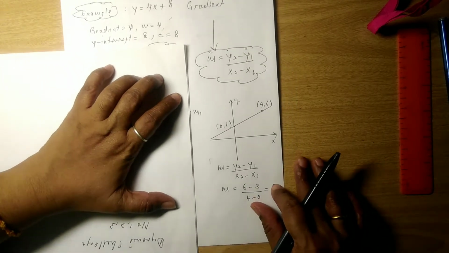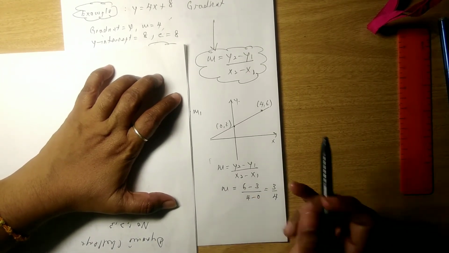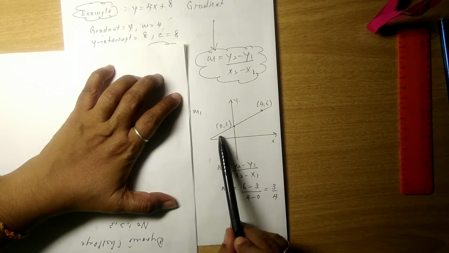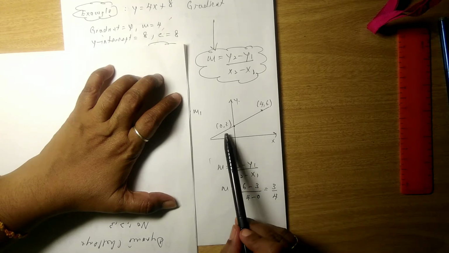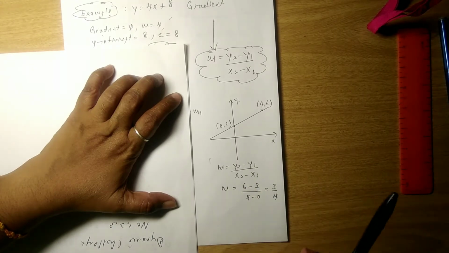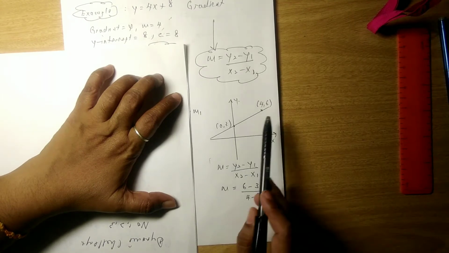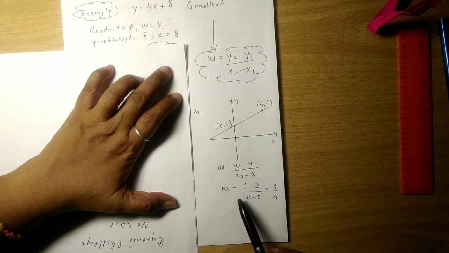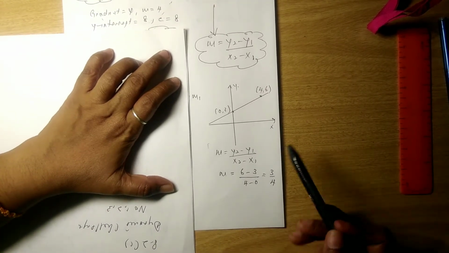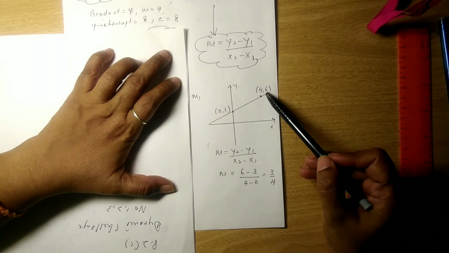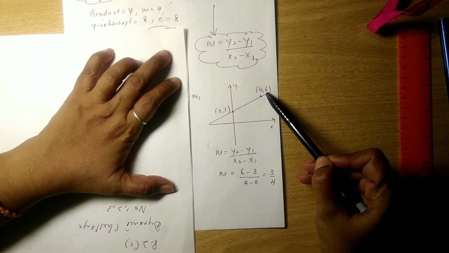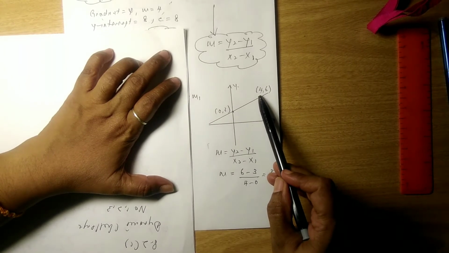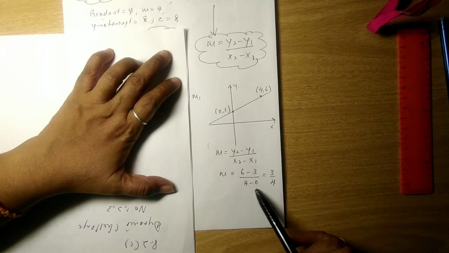A simple example: let's say you have a line and I've got two coordinates here, 4, 6 and 0, 3. By using this formula, y2 minus y1 over x2 minus x1, it will be 6 minus 3 over 4 minus 0.